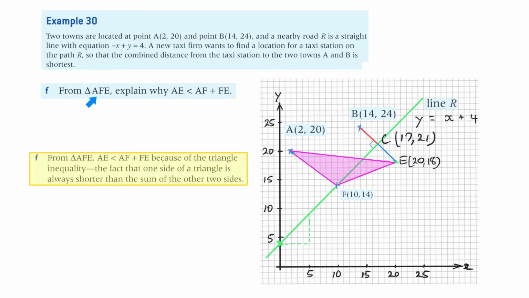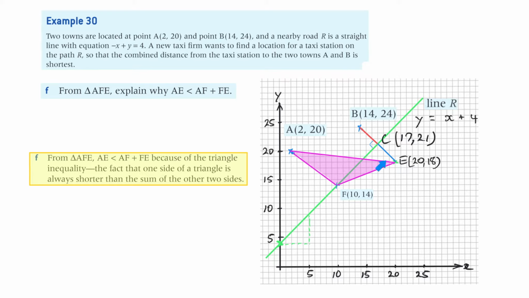F, from the triangle AFE, explain why AE is less than AF plus FE. Okay, they're saying explain why this distance here is less than that plus that. Well, obviously the shortest distance between 2 points is directly to the point, from here to here.